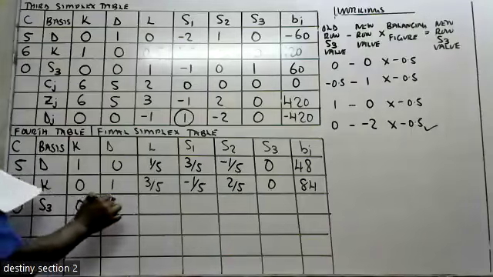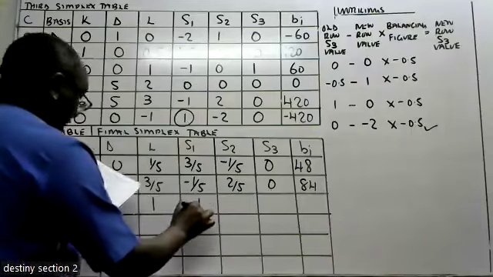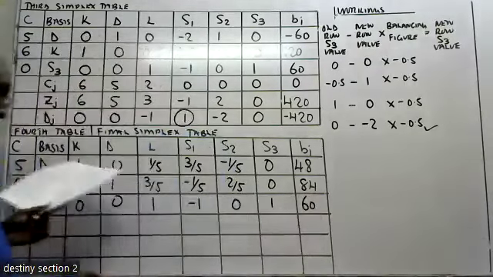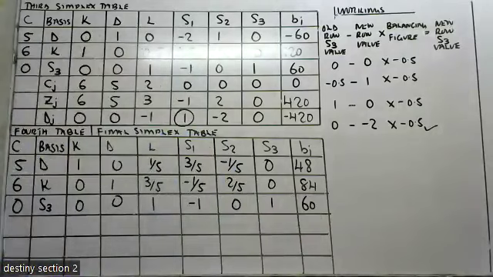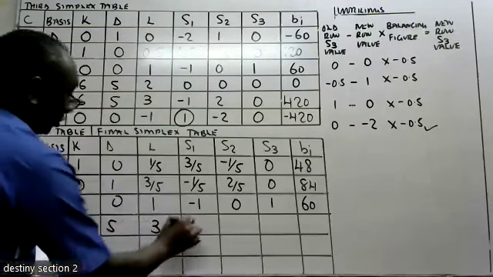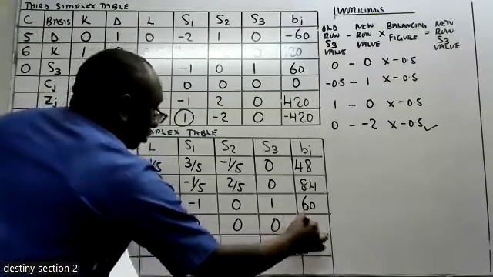I have 0, 0, 1, negative 1, 0, 1, 60. Now the CJ and ZJ, the examiner has used ZJ, so DJ. So this is 6, 5, 3, 0, 0, 0, 0.